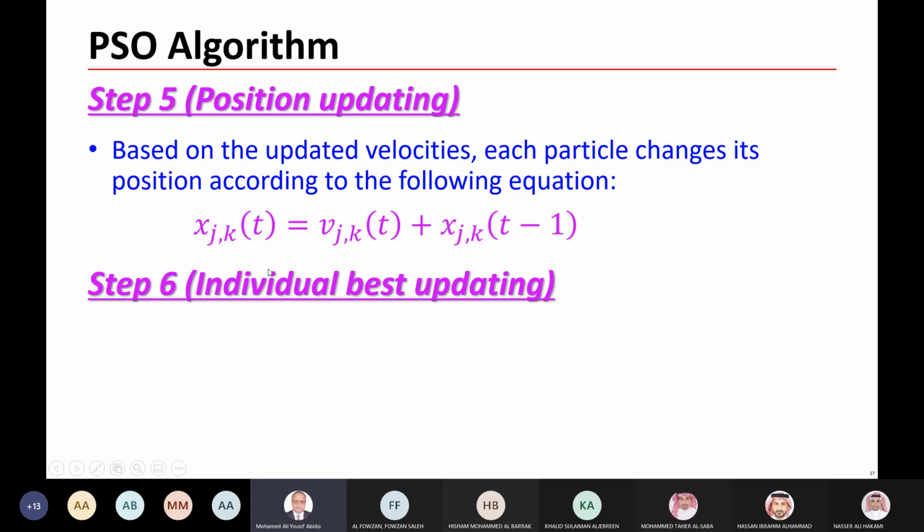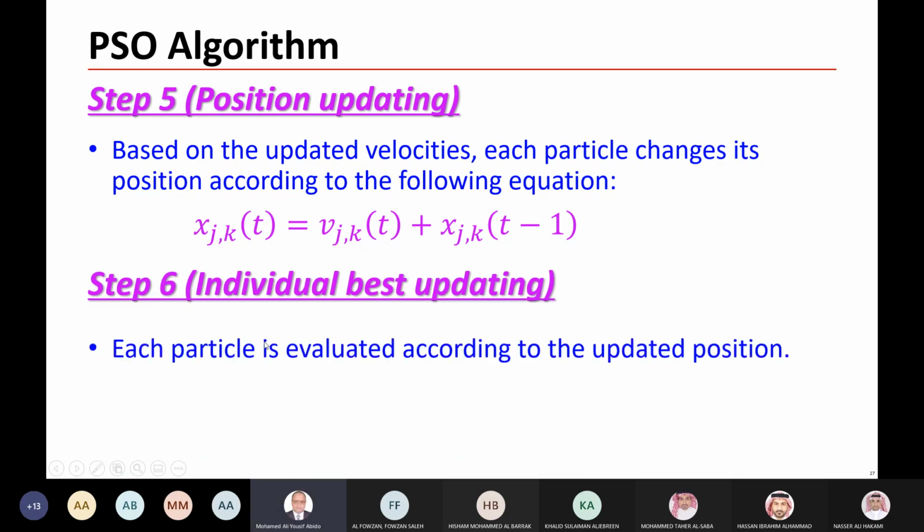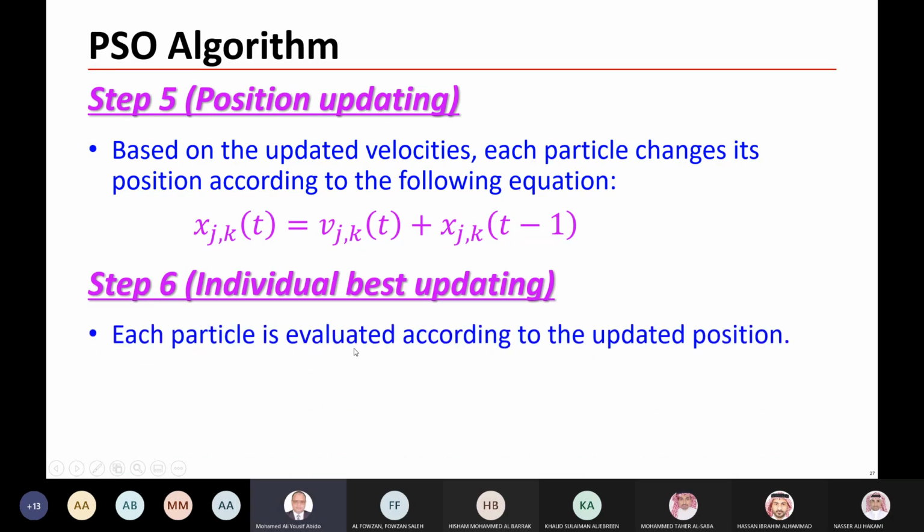So we can calculate the objective function corresponding to the new position, and we can update the individual best if needed. We will compare the objective function of the new position with the objective function of the local best, and then update the local best accordingly. So each particle is evaluated according to the updated position.